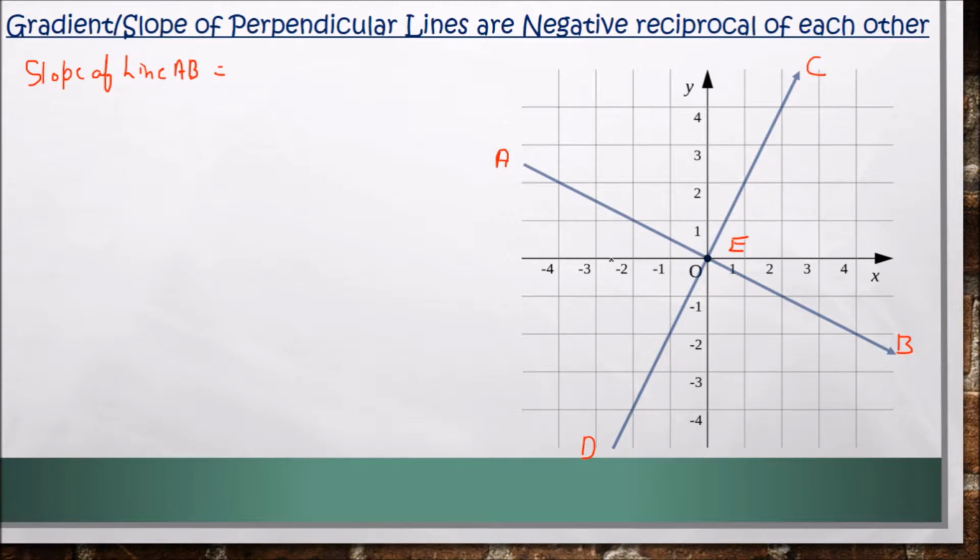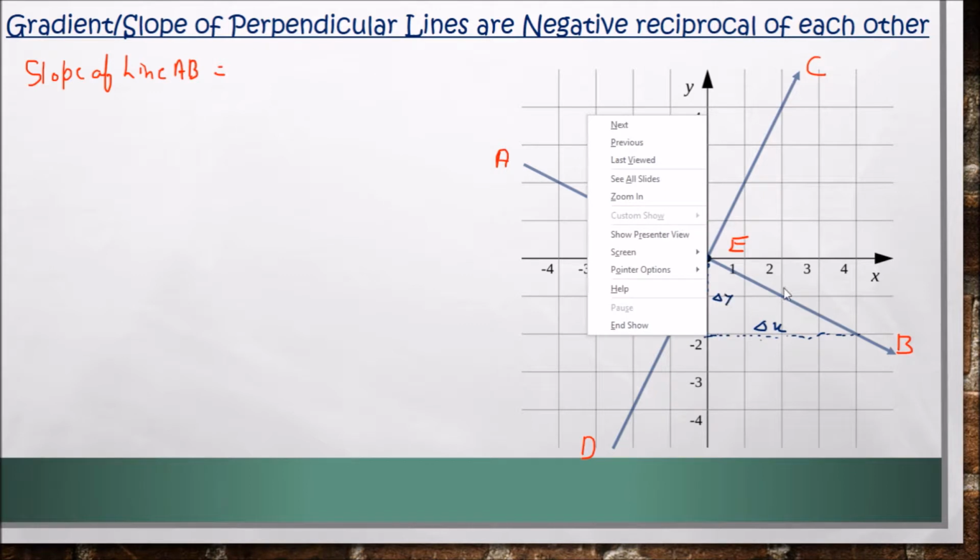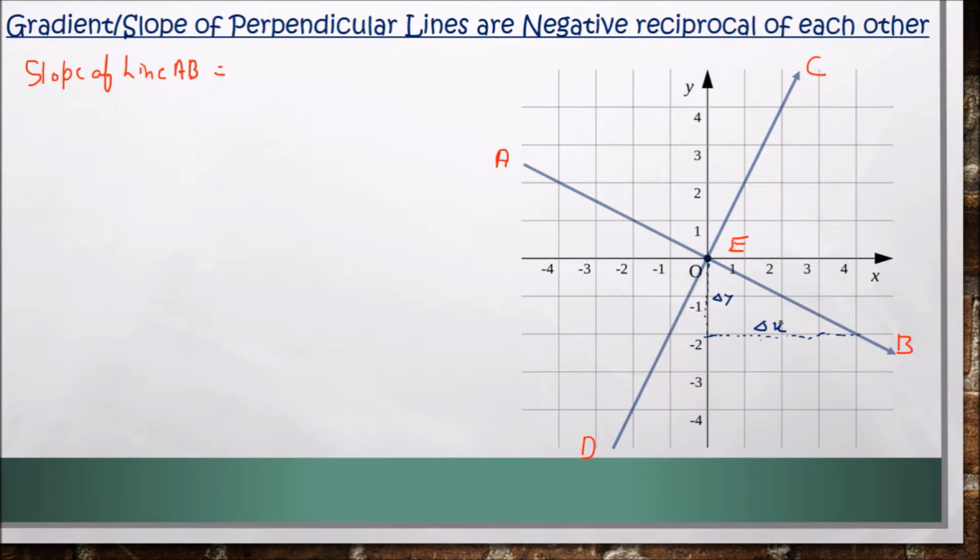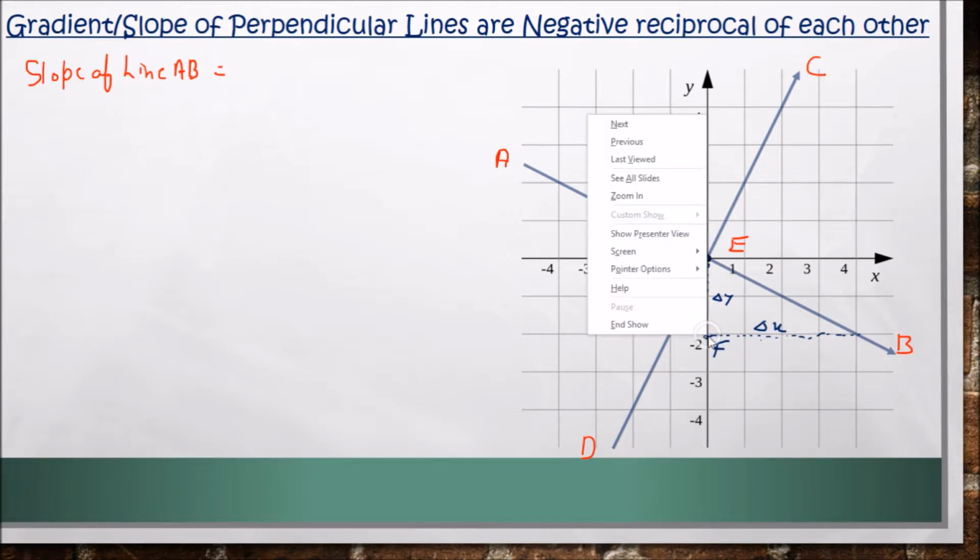To find out the slope of line AB, what we need to do is find out the change in y divided by change in x. So this will be our change in y and this will be our change in x. So let's give a name to this point. Let's call it point F.